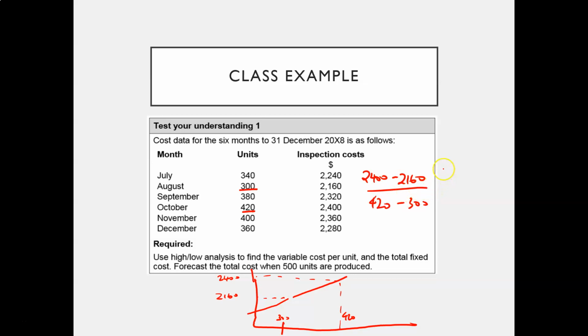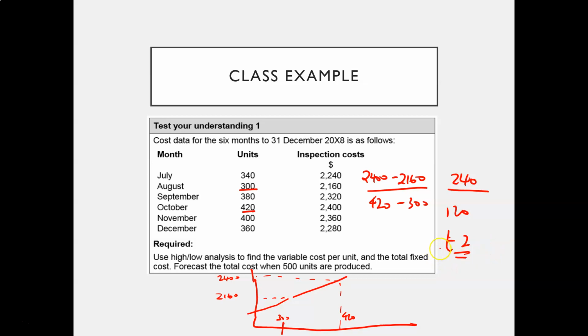Let's quickly work that out. So you have 2,400 minus 2,160, which is 240, divided by 120, and you can see that your variable cost is £2.